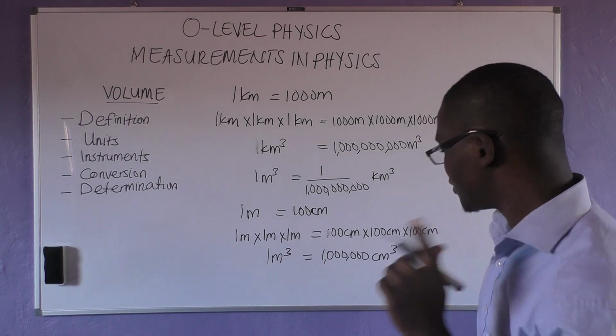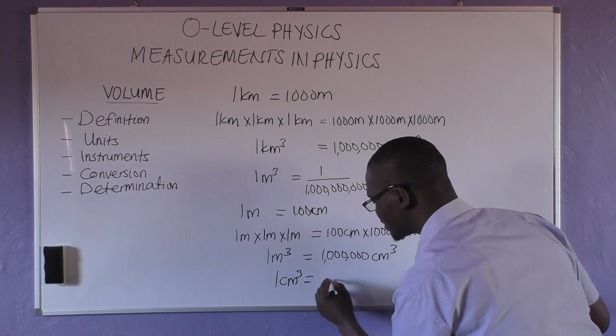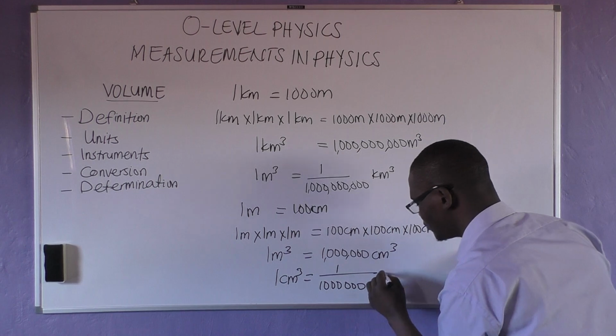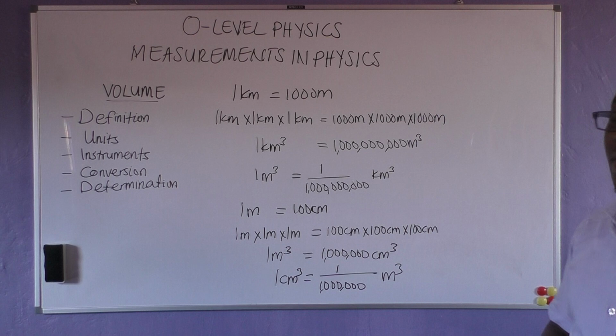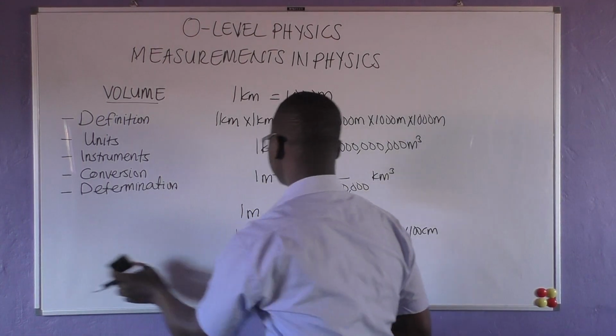And therefore, that means that 1 centimeter cubed is equivalent to 1 over 1 million meter cubed. That's what it means. Let us look at more conversions.